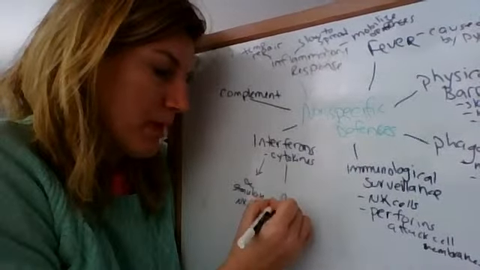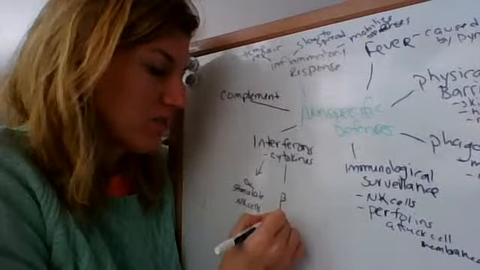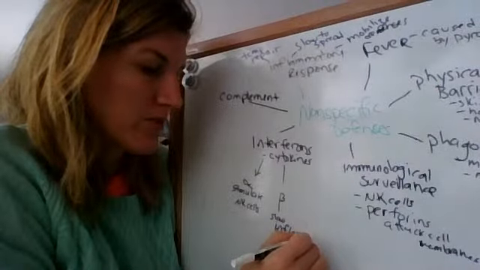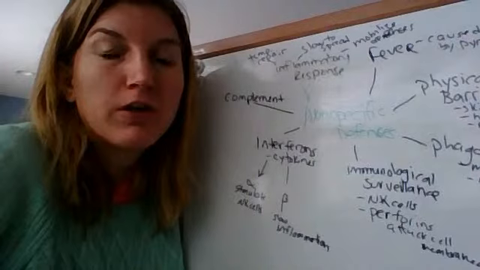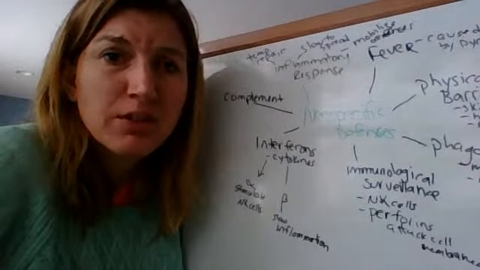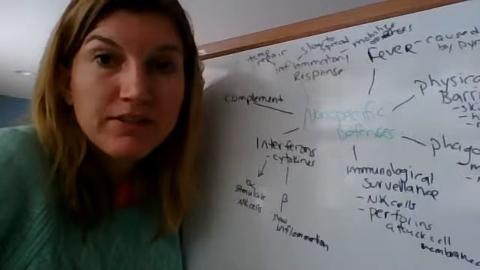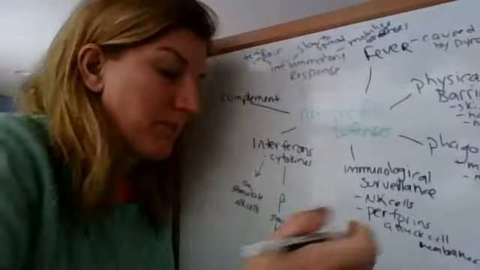We also have beta. That's just the Greek letter beta. Beta cells are there to slow the inflammatory process, or slow inflammation. What that's going to do is allow for new cells to come into the area and for inflammation not to take over the whole body. So it's kind of a little cross-checking mechanism.